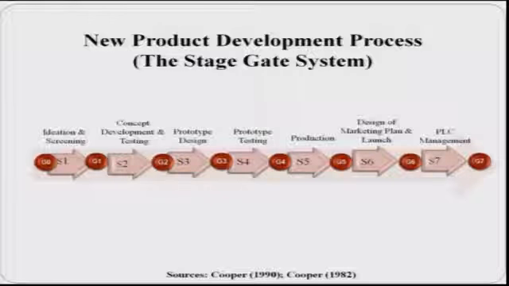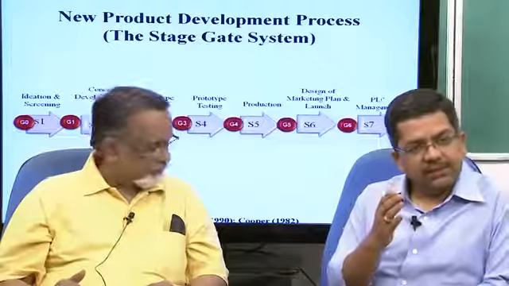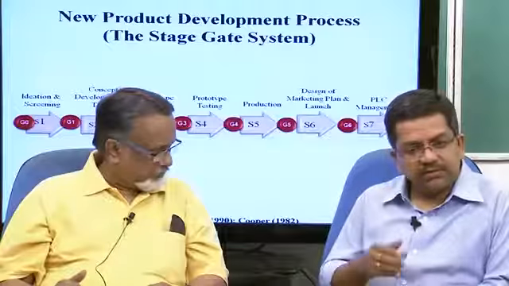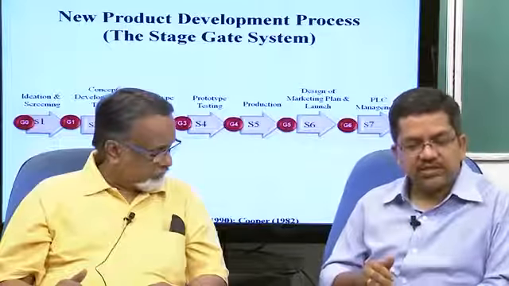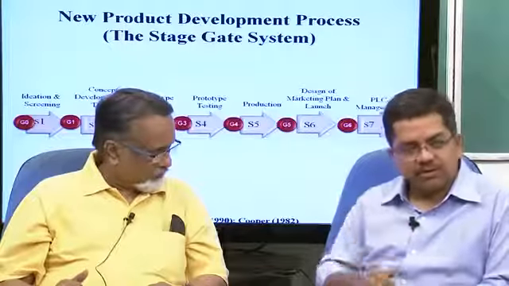After each of these stages, the stage has to be evaluated on predetermined criteria, and once the activities from this stage are passed, they basically progress to the next stage.